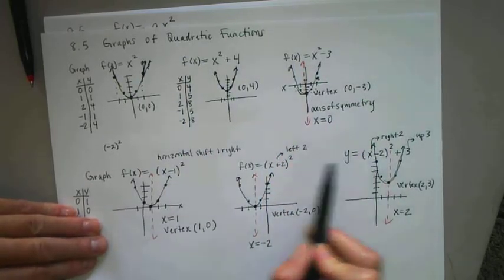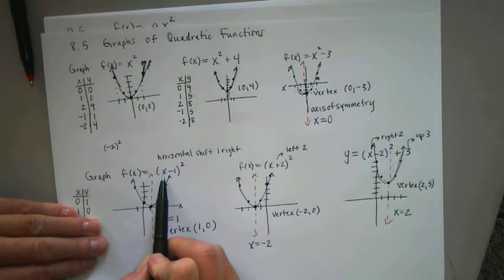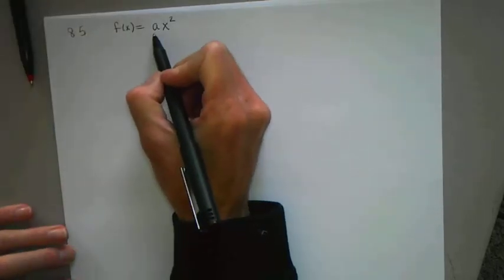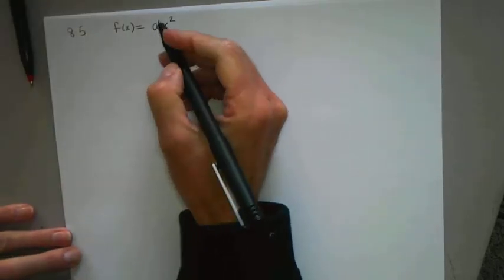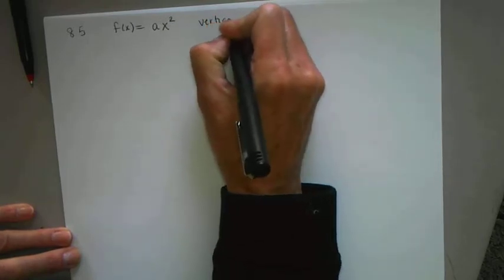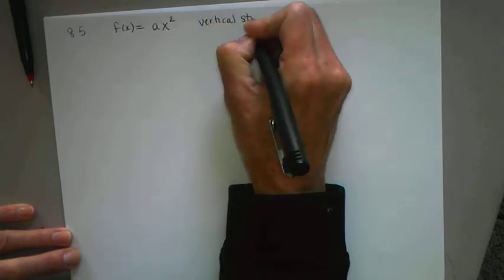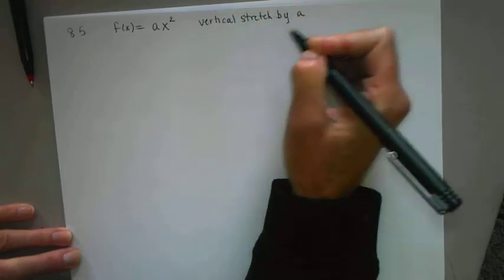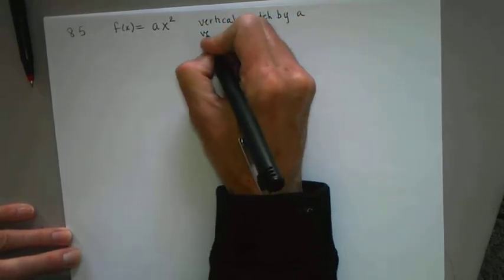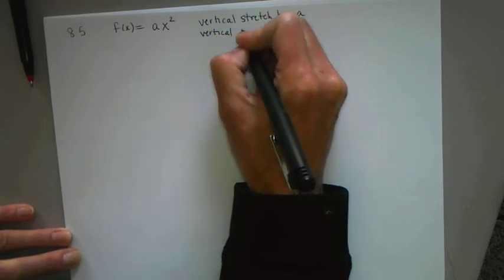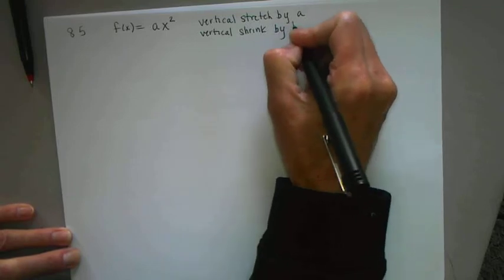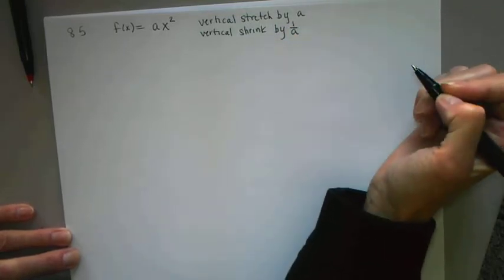We had plus and minus things, but we just had x squared. When we have some number there times x squared, then I'm going to write that vertical stretch by a. Now if it's a fraction, it would be a vertical shrink. So it's a stretch or shrink, and if it were dividing by a, it'd be by 1 over a.